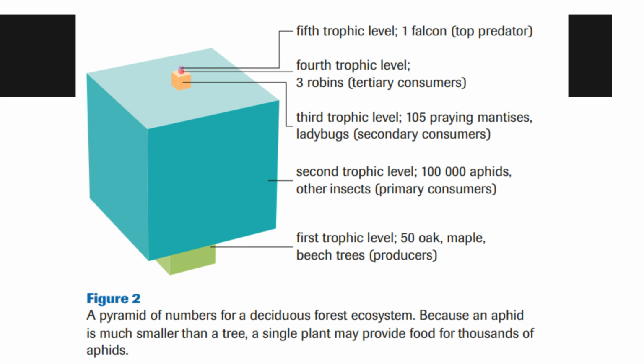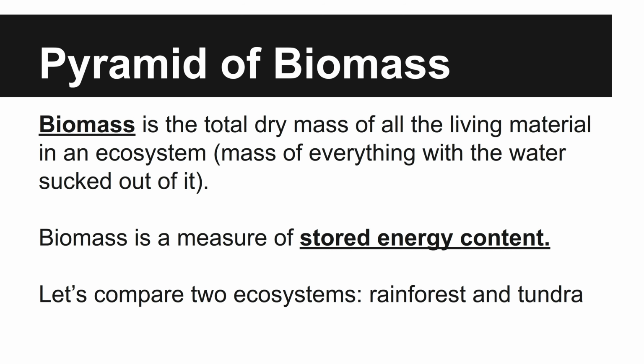In our second trophic level, we have 100,000 aphids and other insects that eat from the trees. Then the third trophic level starts to even out and look more like our pyramid again. So a pyramid of numbers doesn't always look exactly like a pyramid.